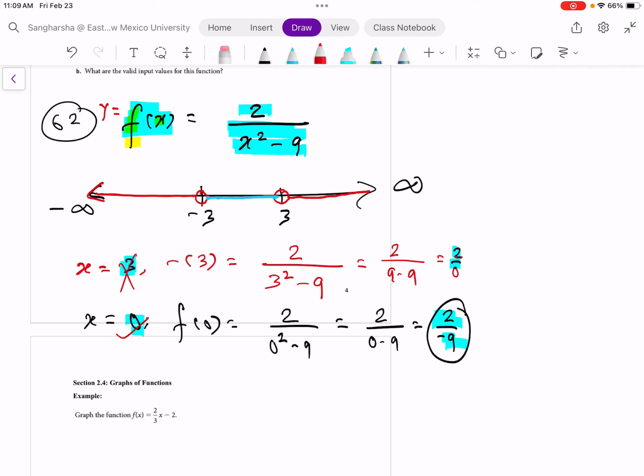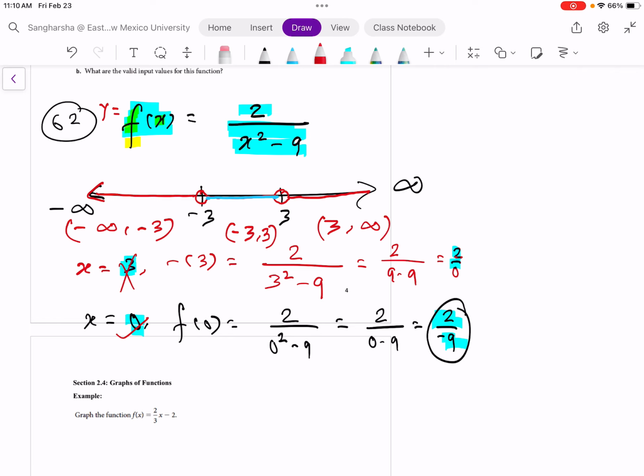The first part is from negative infinity to negative 3. The second part is from negative 3 to positive 3. Since we have an open circle, we are using a parenthesis. We are excluding, so we are using parentheses. And for the last part, we have from 3 to positive infinity and parenthesis.